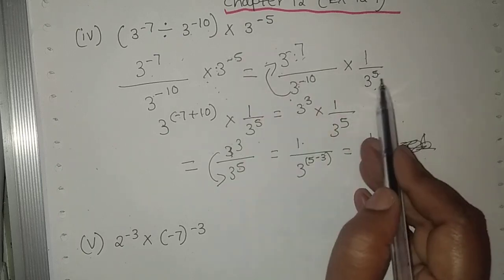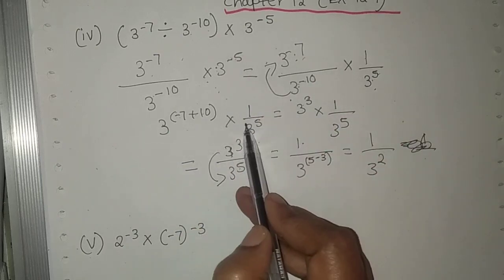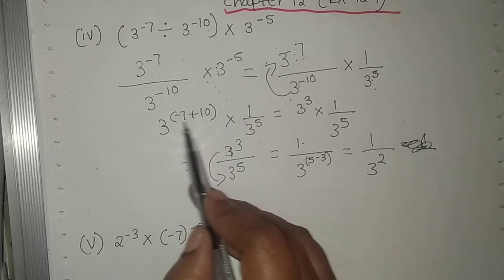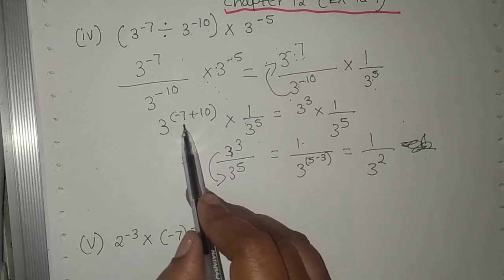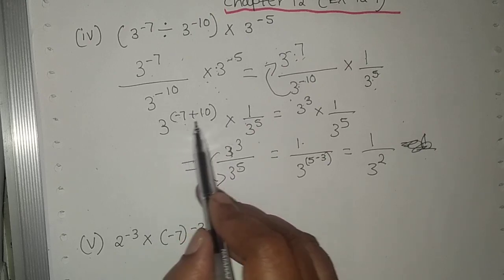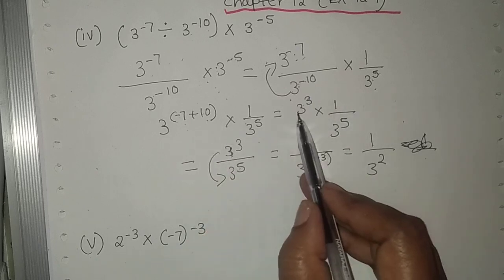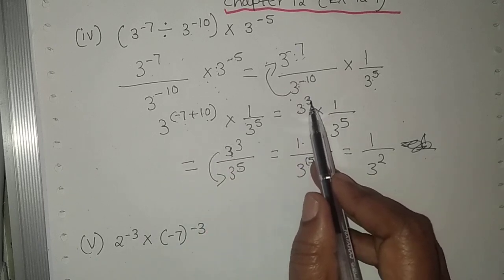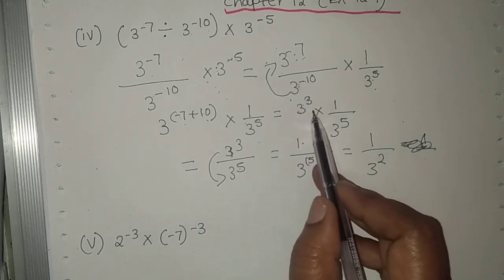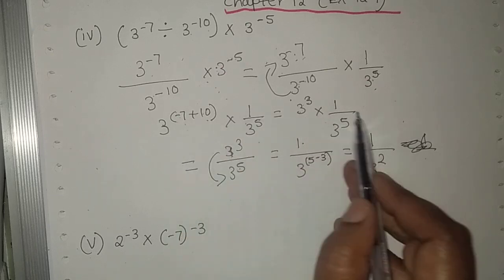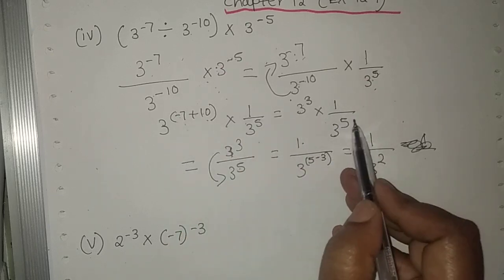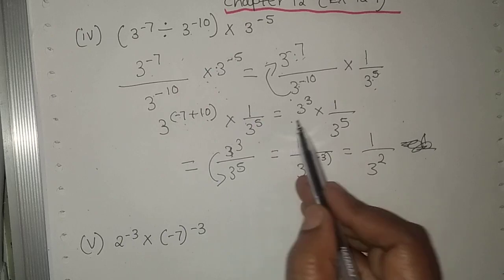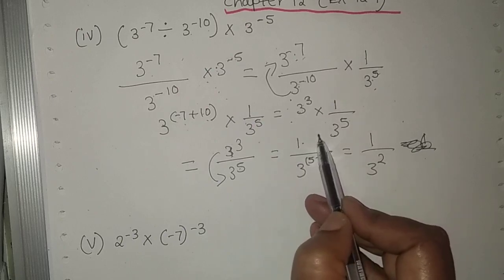This minus becomes plus. After this, simplify this, that is minus 7 plus 10. This will become 3 cube into, or minus 7 plus 10 is 3, into 1 by 3 power 5. After this, again bring this to the denominator.